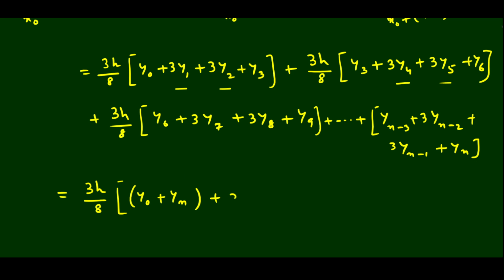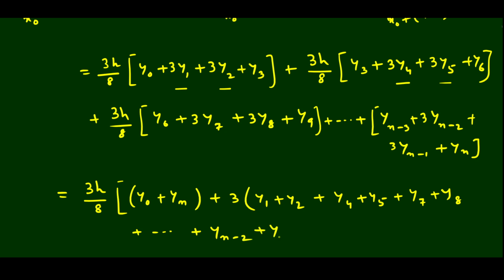If you observe carefully, with 3y1 then y2, 1, 2, but then 3 is not there. Next from the second term we have y4, y5. Okay, so one gap, a multiple of 3 is not there, y3 is not there. Then if we want to write more, next will be y6 absent, 7 and 8. Then the last two terms will be yn minus 2, yn minus 1. So what are the terms that are left out?